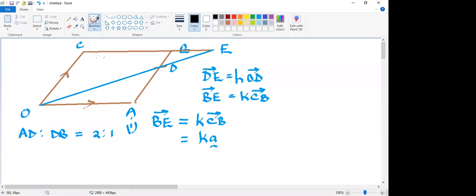This is our vector C, and this is our vector A, and so CB is vector A, as we have already seen. And so our BE is KCB. Thank you very much. Can I have DE in terms of H, A, and C?